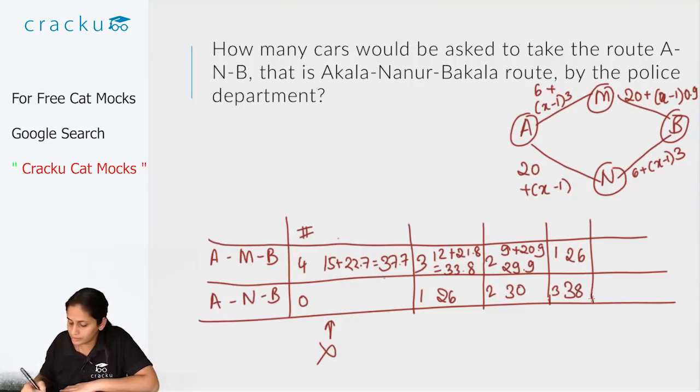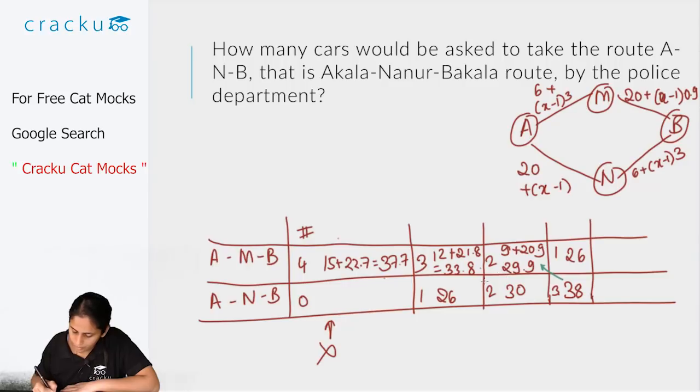So this makes no sense because if you were at this point, with 3 cars over here, you would take 38 minutes, but if you switched over here, you would take 29.9 minutes. So you would definitely go to ANB instead. So you would definitely cheat.